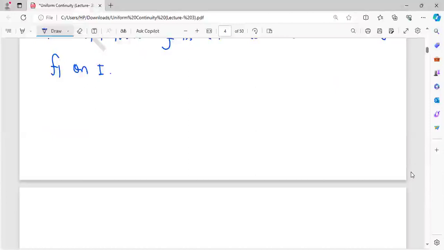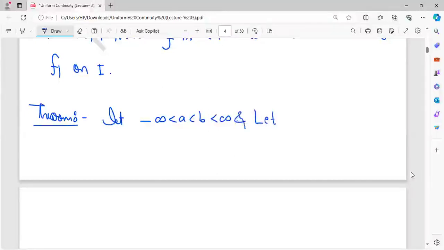So we proved one theorem. Now another theorem. Let A and B be two numbers, and let f from the open interval (a, b) to R be a continuous function.